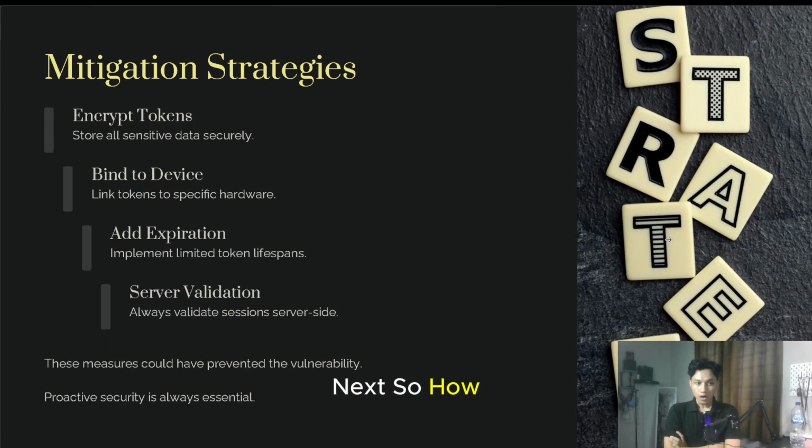So how should this have been prevented? First, tokens should always be encrypted at rest. They should be tied to the issuing device using cryptographic binding and expire quickly to limit damage if compromised.